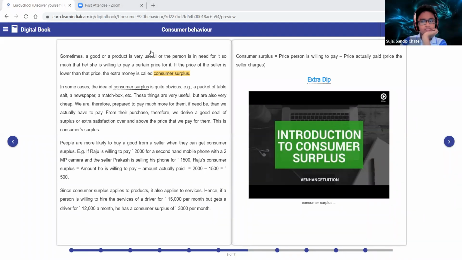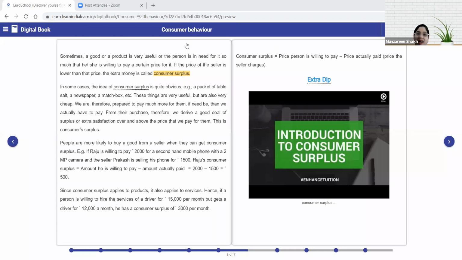Now for example, a packet of table salt, newspaper, matchbox, etc. These things are very useful, but are also very cheap. We are therefore prepared to pay a much higher price for them if need be.